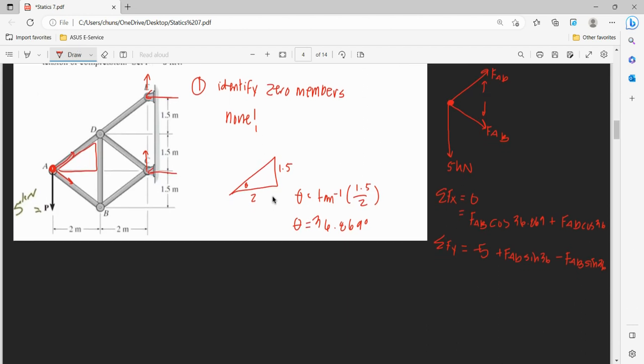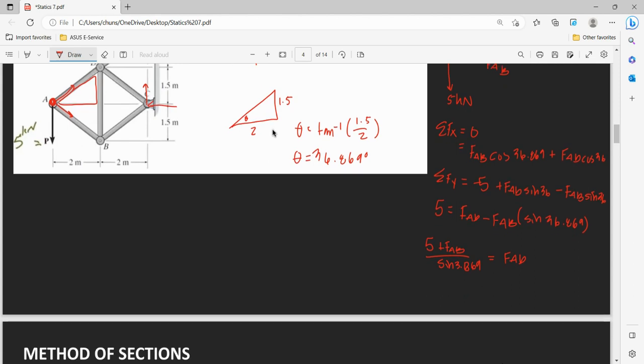Okay, so we're going to have to solve for one of these in terms of the other. So let's move our 5 over, and this is FAD minus FAB, and we can factor out our sine 36.869. So 5 plus FAB over sine 36.869 is equal to FAD.